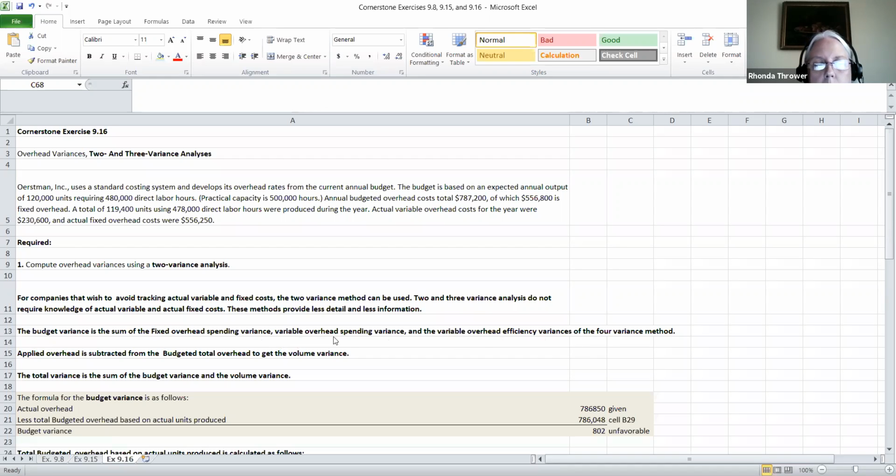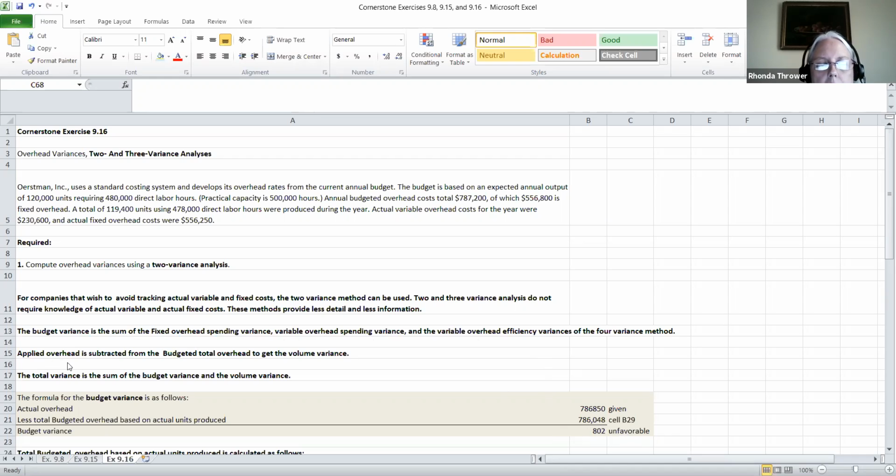So really what we could have done to find the budget variance is we could have gone back to the previous problem, 9:15, which was using the four variance analysis, and we could have added together the items that we got for the fixed overhead spending variance, the variable overhead spending variance, and the variable overhead efficiency variance. That'll give you the same thing as the budget variance using a two variance analysis.